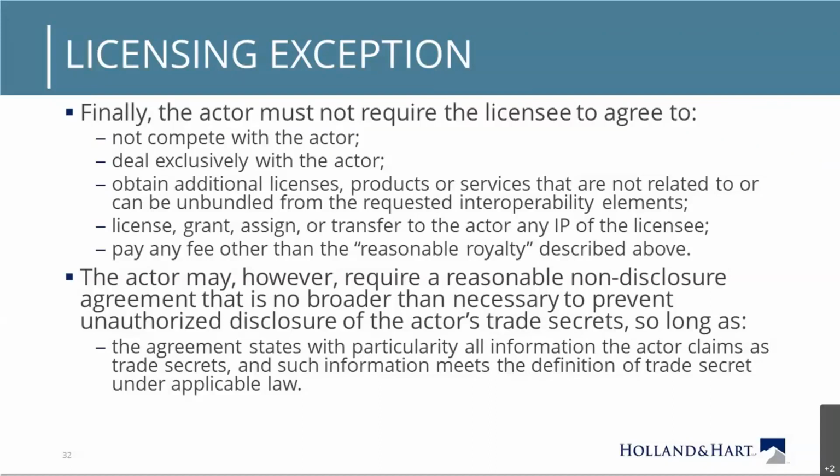What are the rates that the licensee would typically pay in licensing comparable proprietary elements? What's the nature and scope of the license? What portion of profit is customary in the particular business? Other items are, what is the amount that a licensor and licensee would have agreed upon in an arm's length negotiation if they were considering these reasonable and non-discriminatory terms?